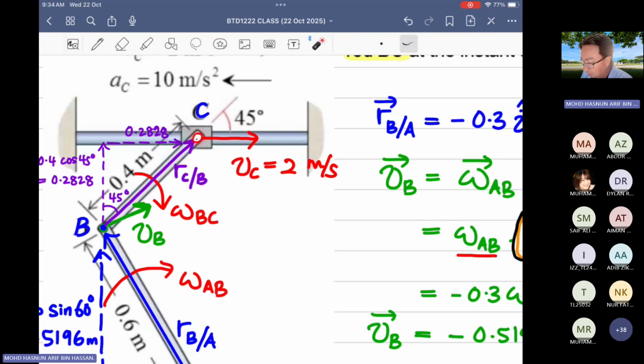Because point C is moving left and right, which is translation. Point B is moving in a circle, so this is rotation. So you have both rotation and translation. Therefore, this rod BC is undergoing general plane motion.